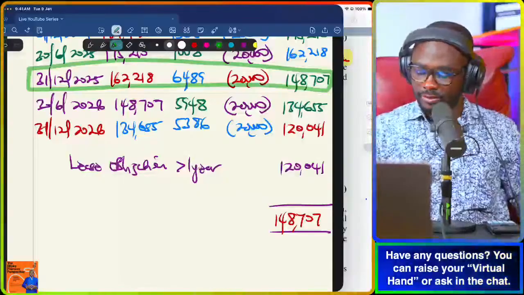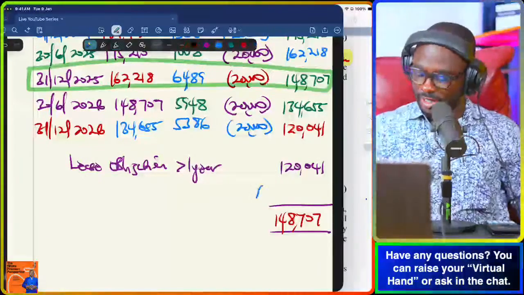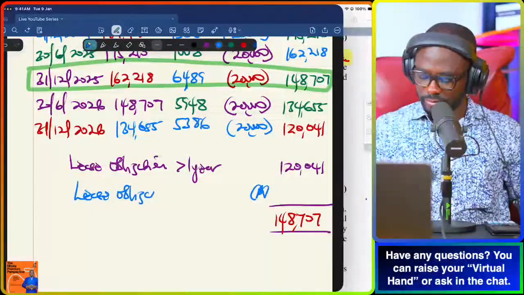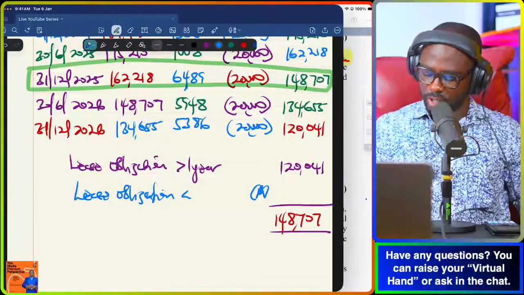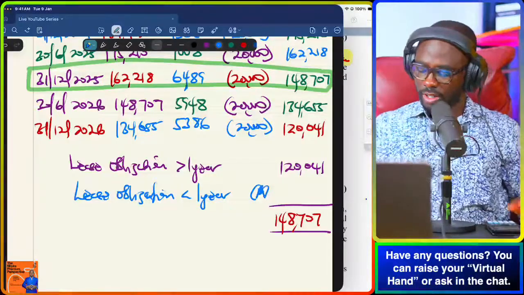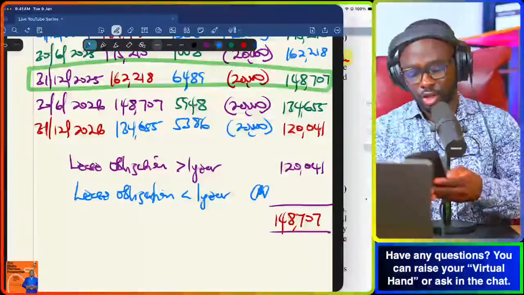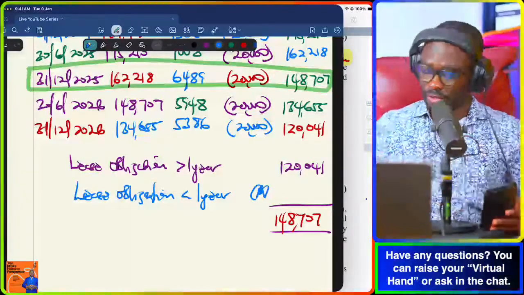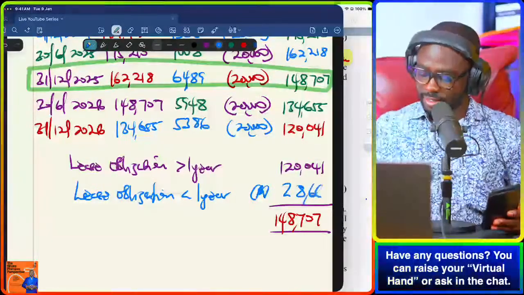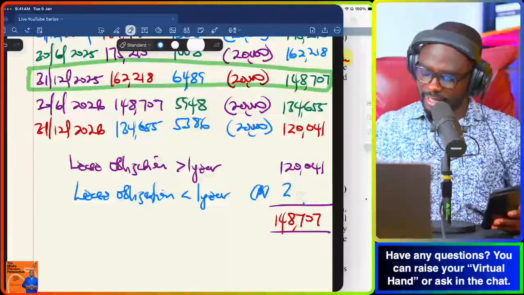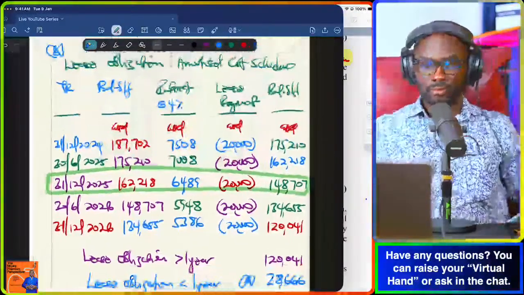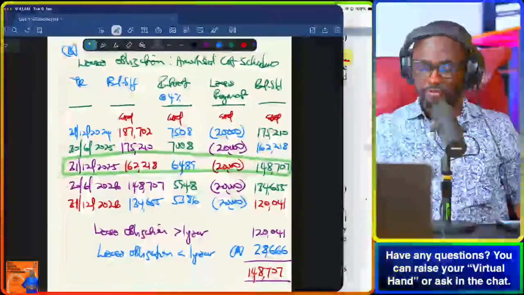So the balancing figure becomes the current liability. So lease obligation below 1 year will be the balancing figure: minus 148,707, and that is 28,666. This is the answer to the question. That's all. We are done.